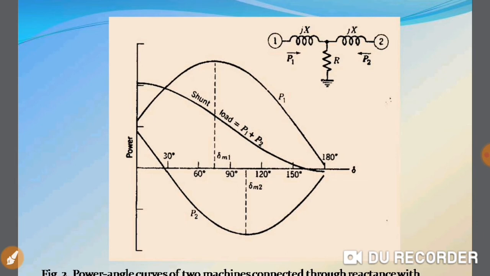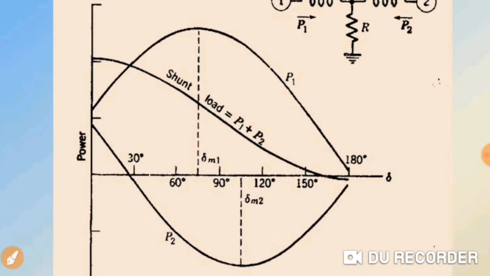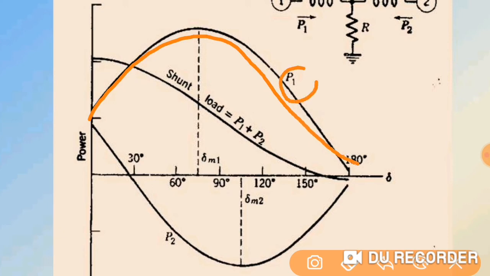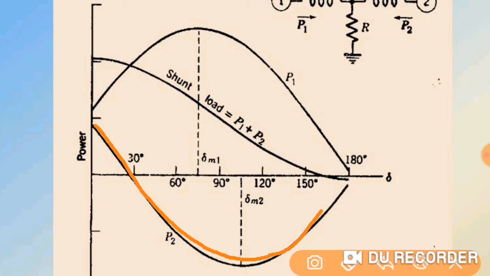Let us see whether it is more resolved by this diagram. Here we can see very clearly that this is your P1, and the maximum point, del M1, is less than 90 degree. Similarly, for P2, the angle curve is like this, and its maximum point, del M2, is greater than 90 degree.